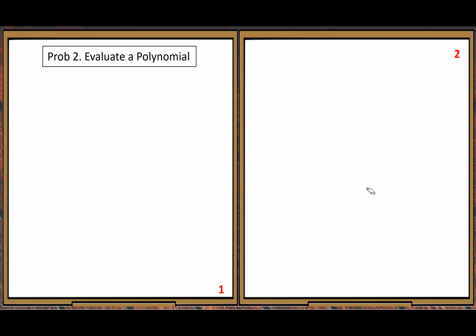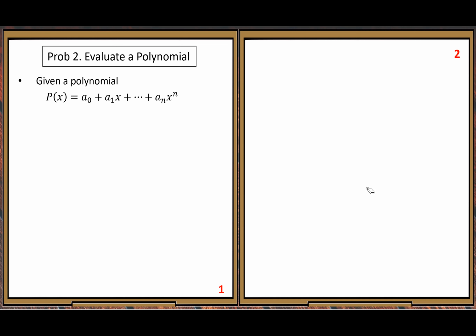Our problem number 2 for this class: evaluate a polynomial. Given a polynomial, you know the definition. That's the general expression for this polynomial. We have coefficients a0 through an. The variable is a single variable x.